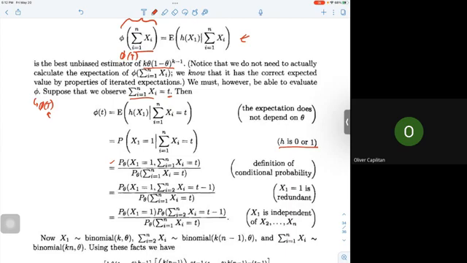And then since itong part na to, yung summation of x sub i from 1 up to n would be equal to x1 plus the summation of x sub i, i from 2 up to n. Ito t man ito, equal to t.